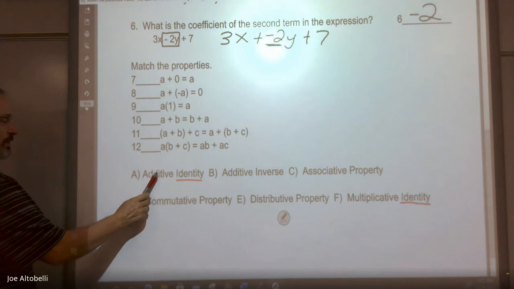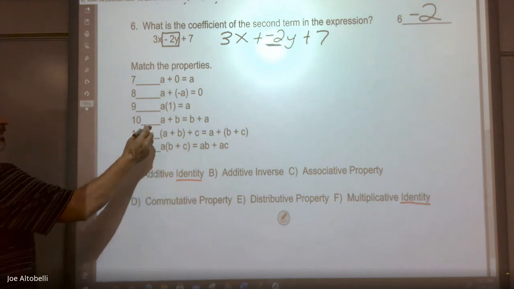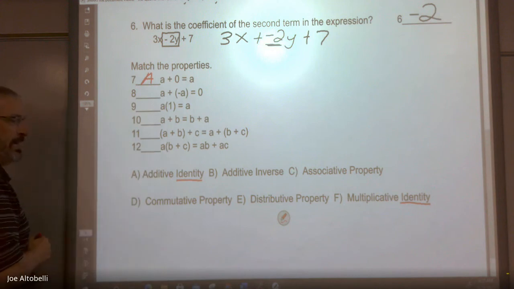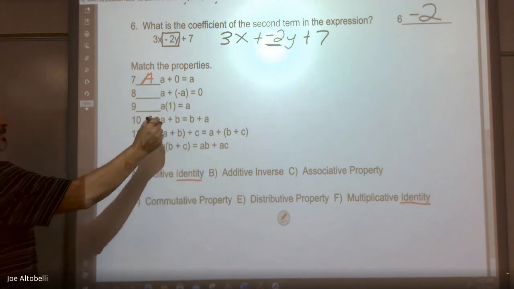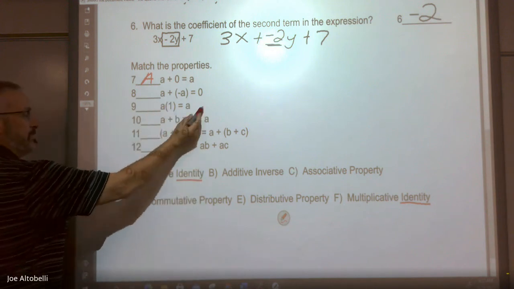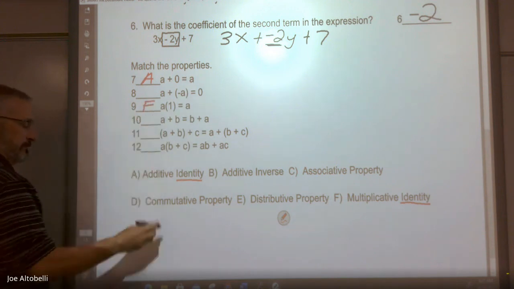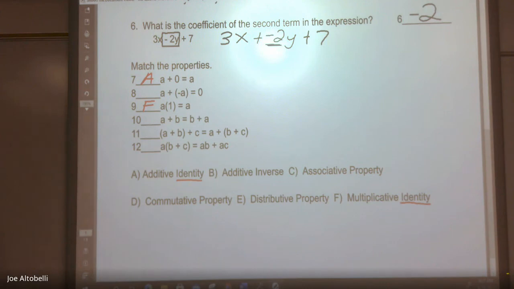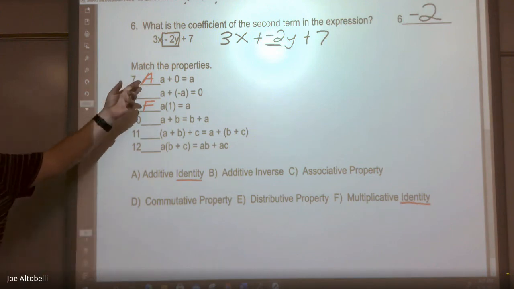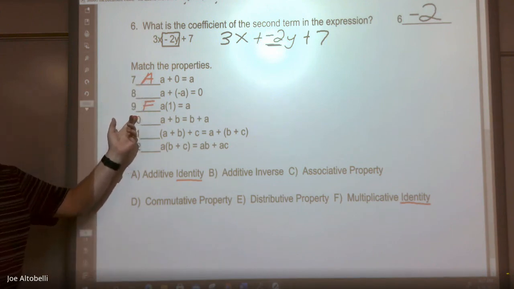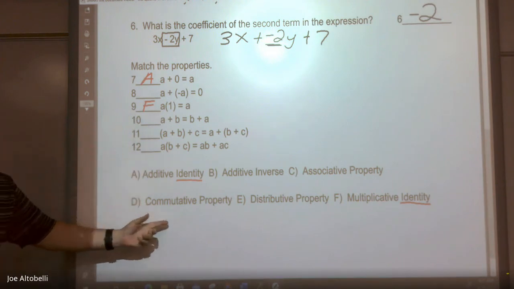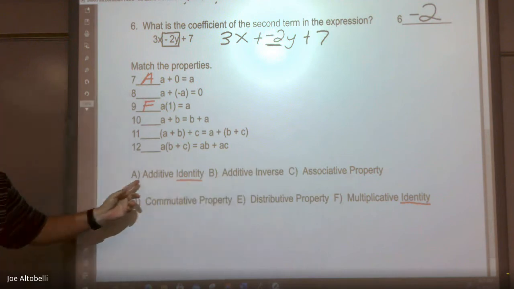Additive is where you're adding, so the additive identity is A. And the multiplicative identity is F. Now, I can't guarantee it, but I'm pretty sure it's not going to be A and F on your actual test because I did some scrambling. So these down here are not in the same order.